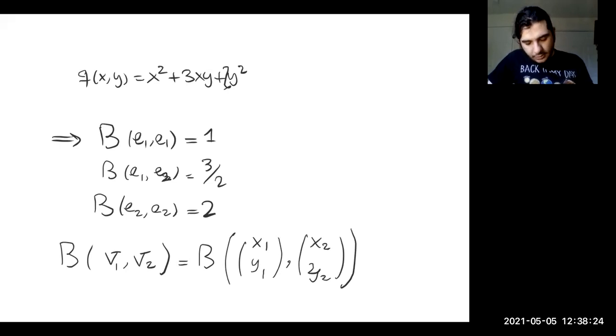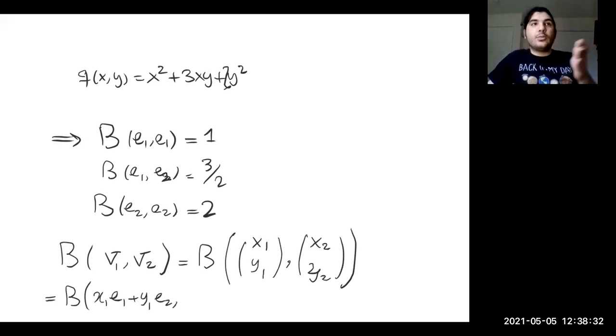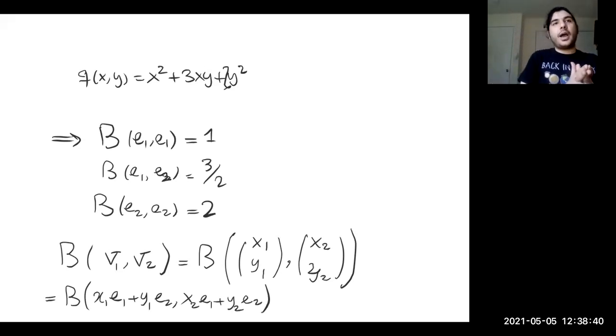So x1, y1 is equal to x1 e1 plus y1 e2, and x2, y2 is equal to x2 e1 plus y2 e2, right? Now, because this is bilinear, I can expand this bilinearly.